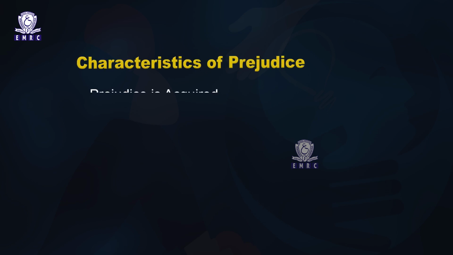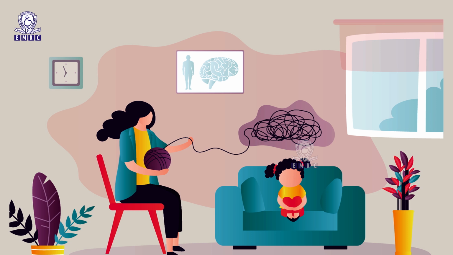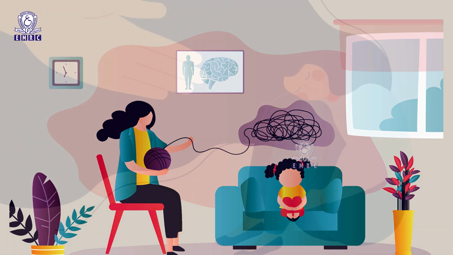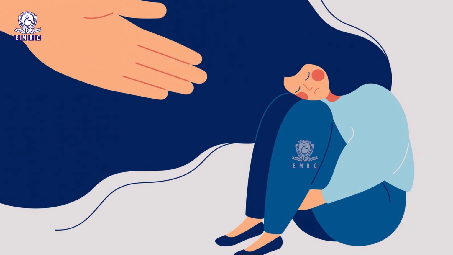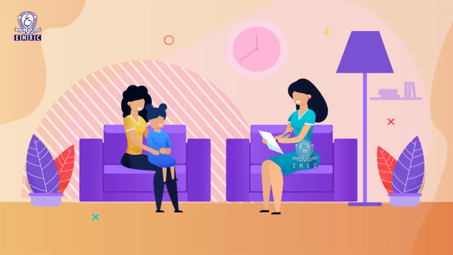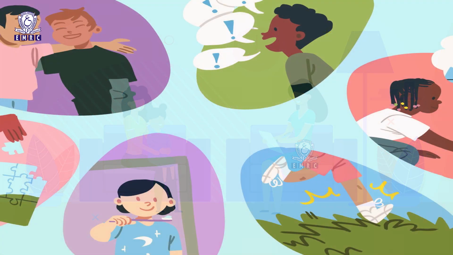The first characteristic of prejudice is that it is acquired. When I say prejudice is acquired, it means it is learnt. For example, a child learns by imitating his or her parents and people whom she or he likes and dislikes. A child observes, watches, and then acts.